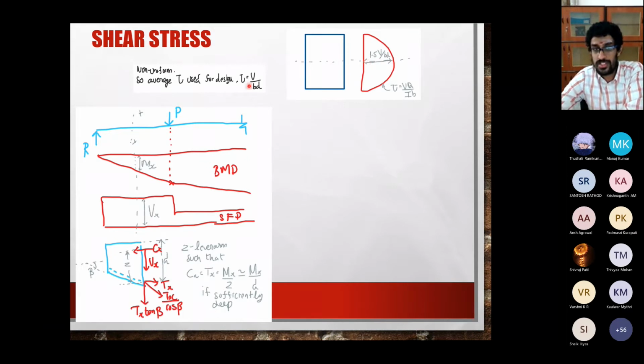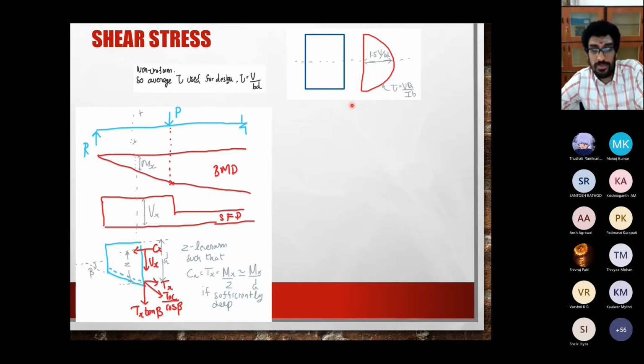The average shear stress is generally calculated as V by bd, but because it is 0 here and 0 here, and maximum over here, the shear stress at this particular mid height will be 1.5 times the average shear stress. But for our design, generally we do not go with this 1.5 V by bd. We generally just calculate the average shear stress and design for the average shear stress. We do not design for the maximum.